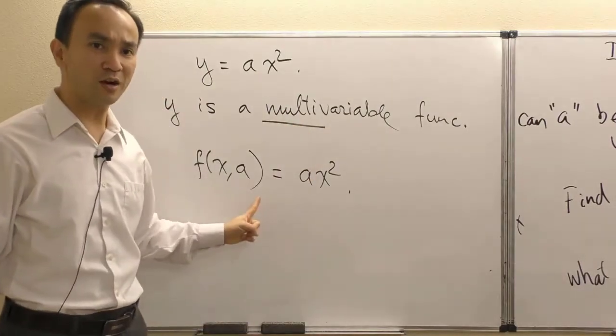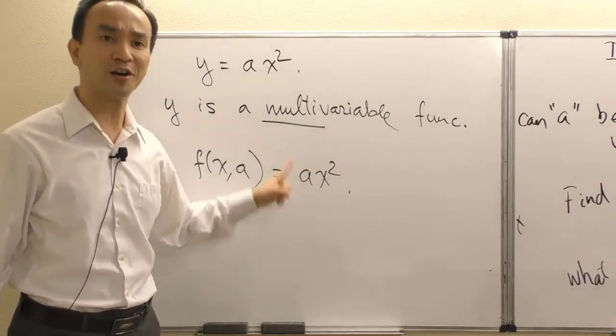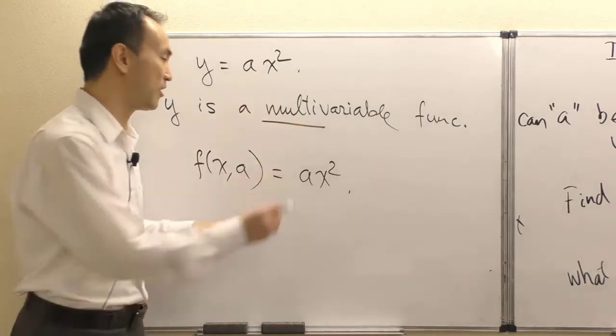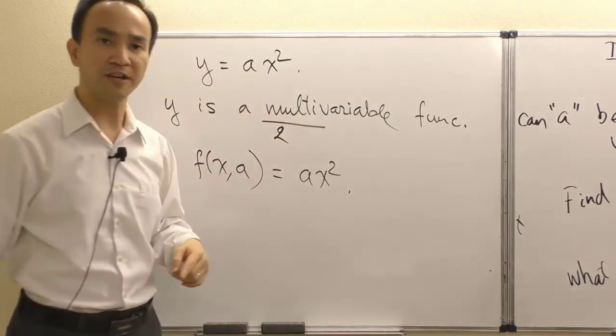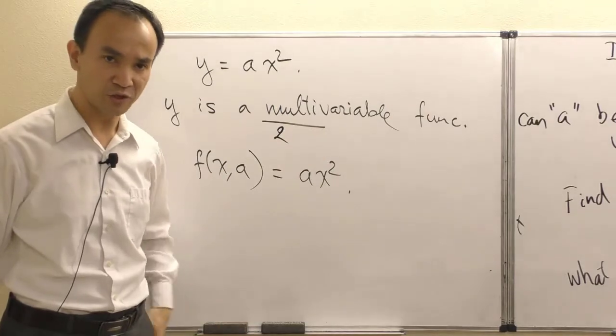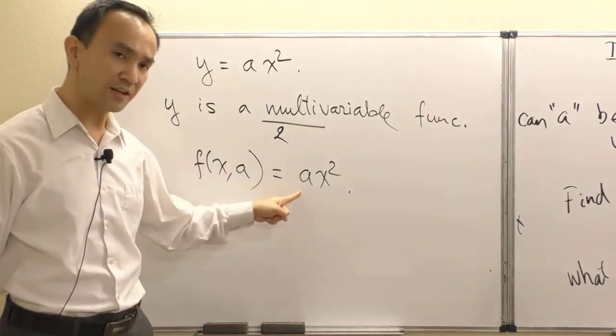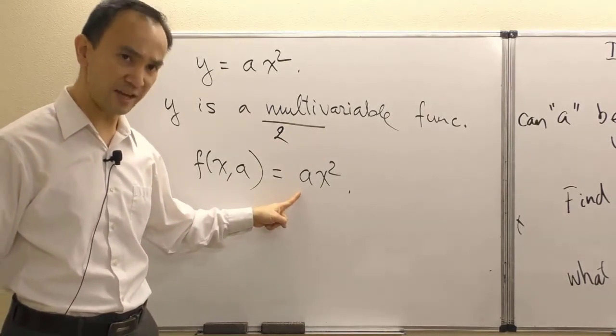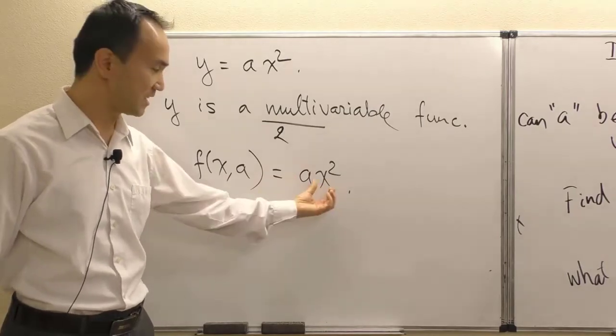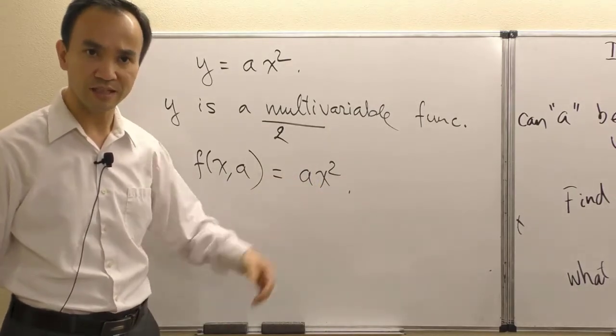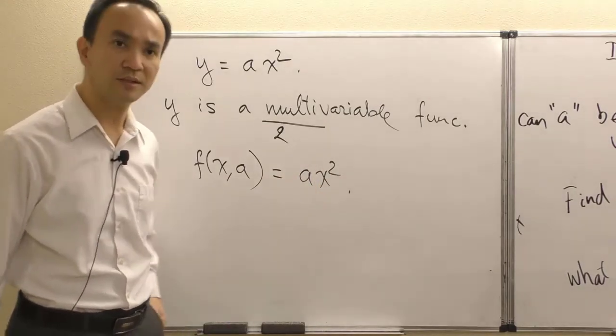And then all of a sudden we realize we can also regard this function as a multivariable function, a function of two variables. The a is a variable, which in some cases can be acting as a coefficient, and the x here is another variable.